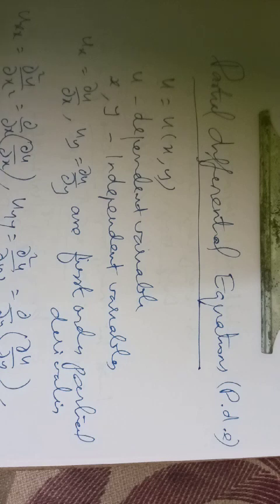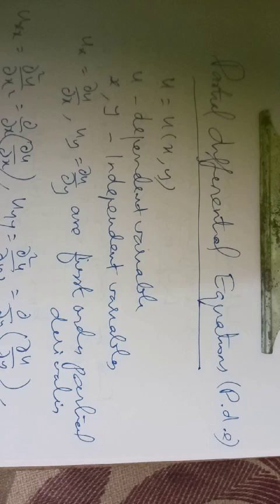And mixed derivatives that are second order, two times differentiation, that is second order. Mixed means first with respect to y and then with respect to x, or first with respect to x and then with respect to y. That is mixed partial derivatives. And the second order also, uxy. That means with respect to y differentiating ux, that is dou by dou y of ux. And what is ux?